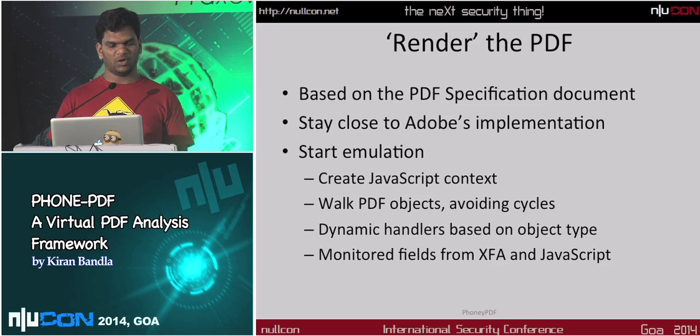And then it'll start to walk all the PDF objects in a dynamic way, depending on the object it is. And the nice thing about PDFs is the cross-reference and the trailer and the catalog, which are very essential to start running a PDF, are not really required by Reader. Even if it doesn't have all of those, Reader will still work. And it will not complain, it will just work.